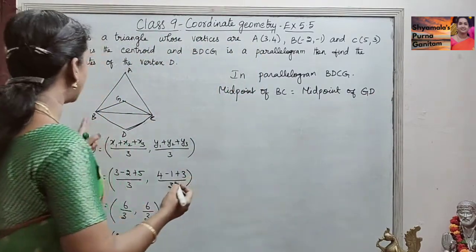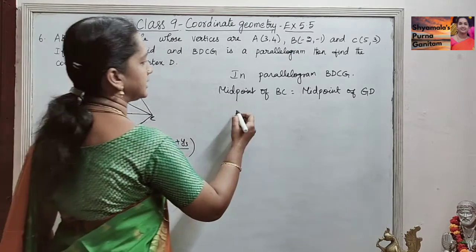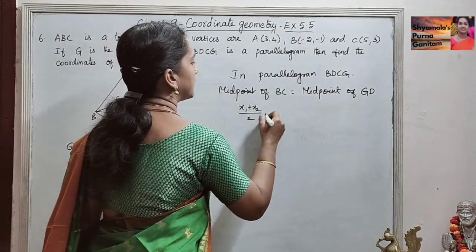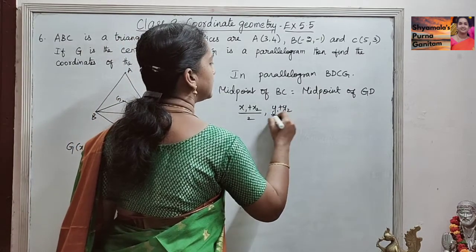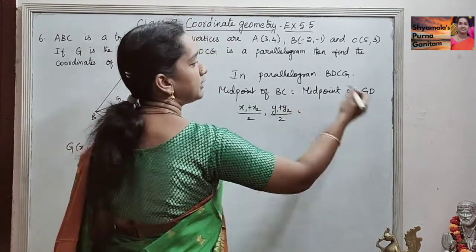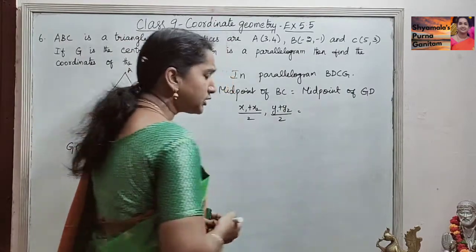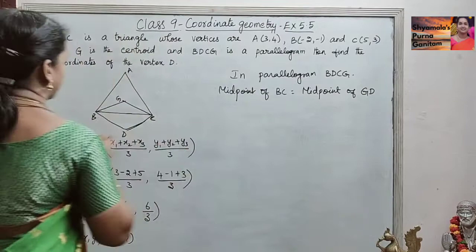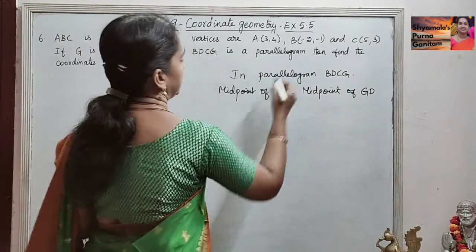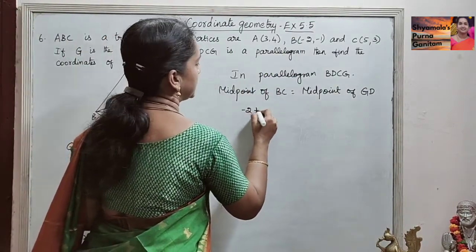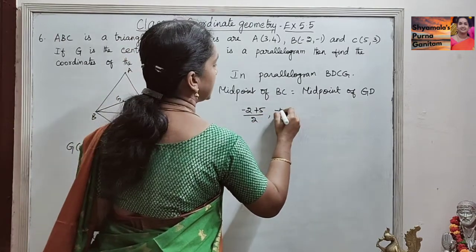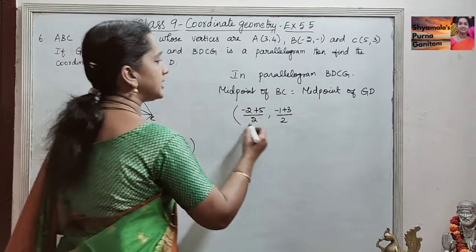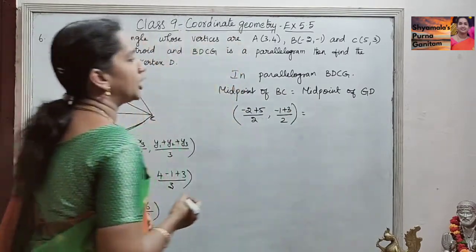The midpoint of BC, for B and C, is x1 plus x2 by 2 comma y1 plus y2 by 2. So we'll do it directly: minus 2 plus 5 by 2 comma minus 1 plus 3 by 2. This is the midpoint of BC, which is equal to the midpoint of GD.